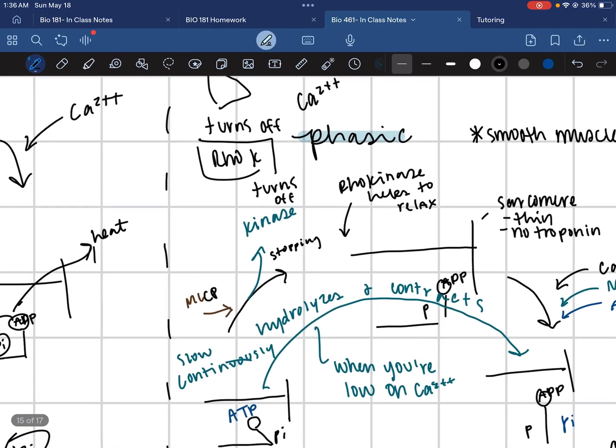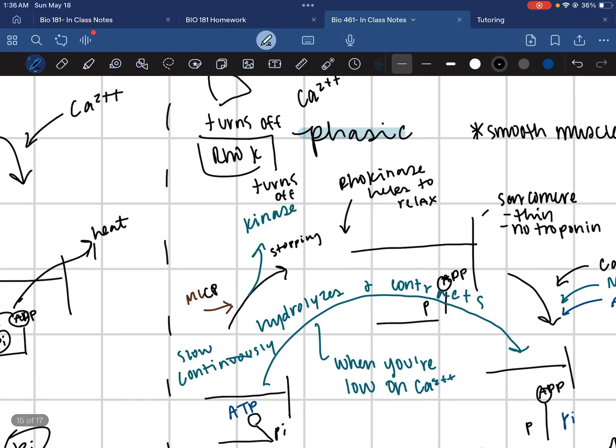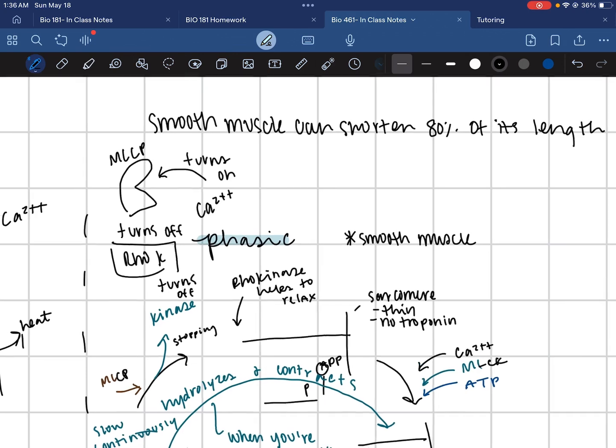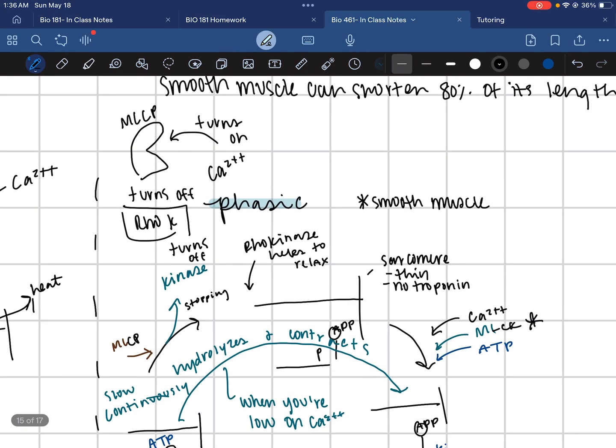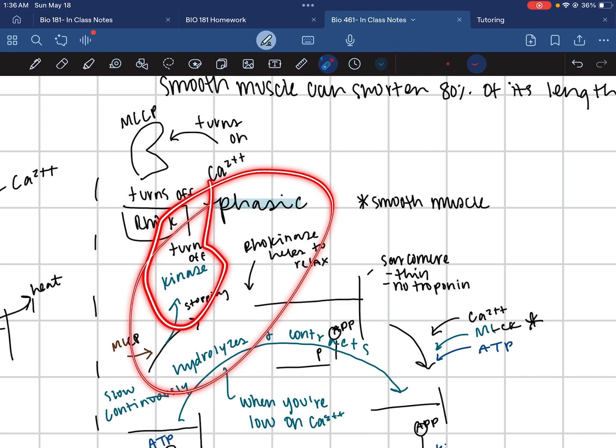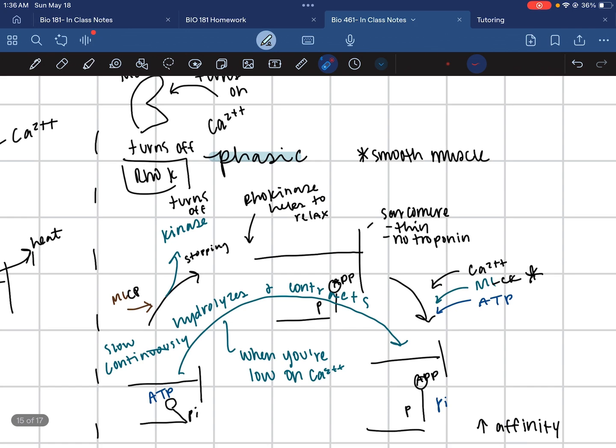So calcium, because we have a high affinity right here for calcium, MLCP is basically an enzyme that is going to eat at our MLCK, which turns off Rho kinase. And turning that off means that we basically stop this, because we don't have enough calcium to be able to start this phase over again.